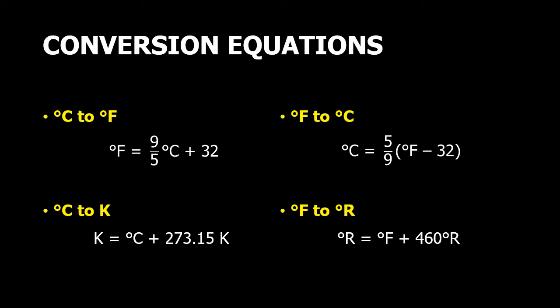For degree Celsius to Kelvin, we simply add 273.15 to the value of the degree Celsius. And to convert from degree Fahrenheit to degree Rankine, we just add 460 to the value of the degree Fahrenheit.